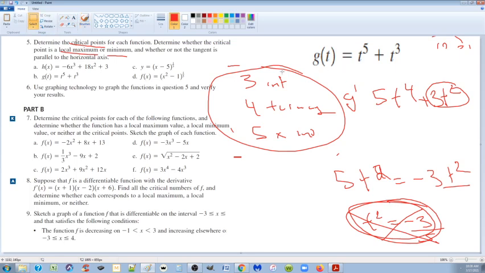Let's get some more information here. First of all, when t is 0, it goes through 0, 0. So we know that it's going to do this. We also know it has to come back and go through the x-intercept again. Or not necessarily through the x-intercept. Yeah, through the x-intercept.